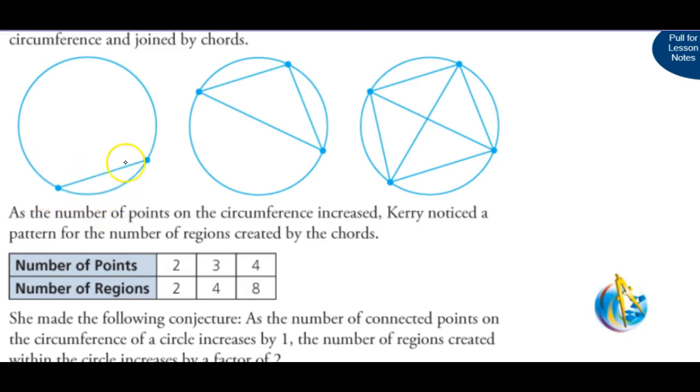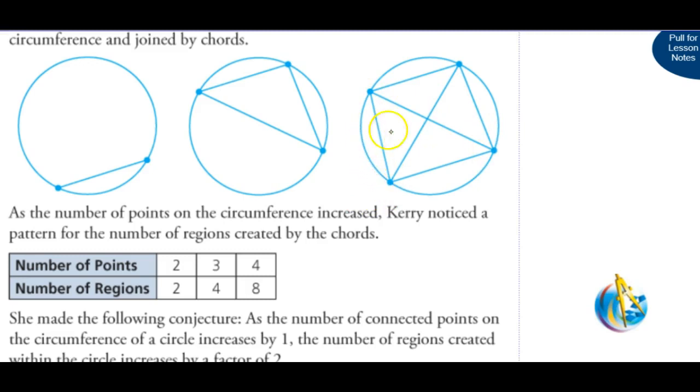And so one chord that's got 2 points, and it made 2 regions, 1, 2, right? So then when she has 3 points, so a chord, a chord, a chord, 3 points on the exterior of the circle, it now makes 1, 2, 3, 4 regions. Okay. Then she has 4 points on the outside of the circle.